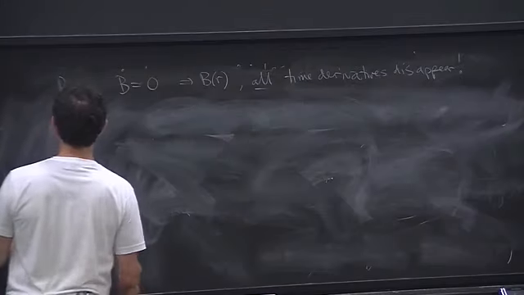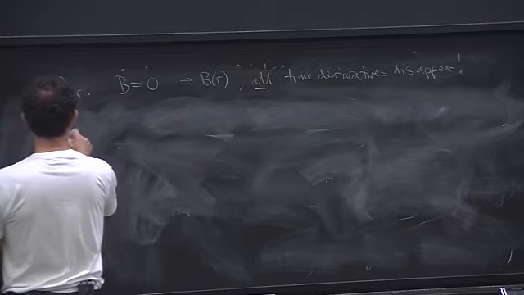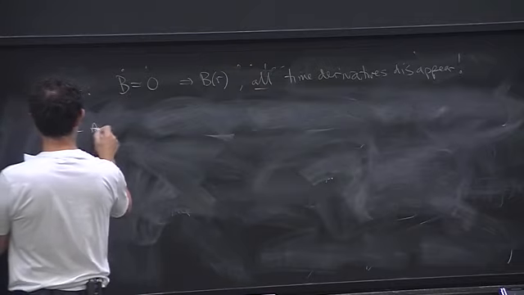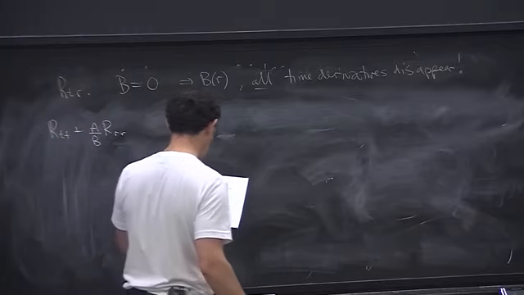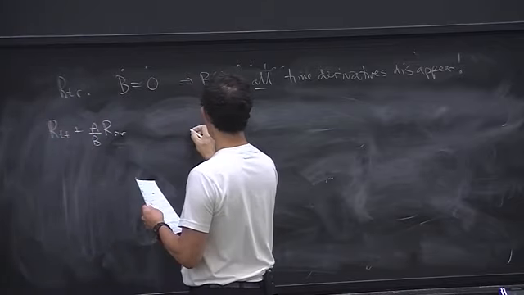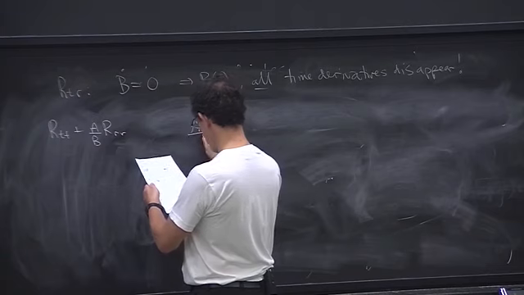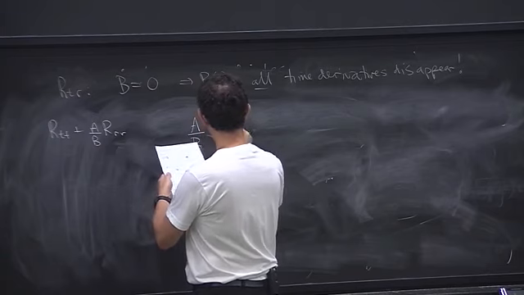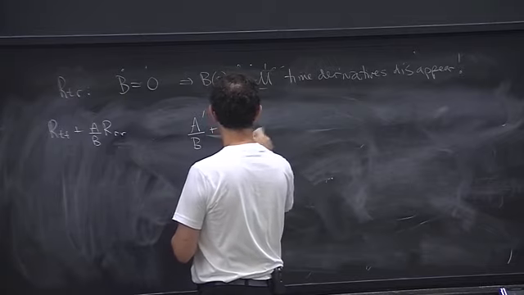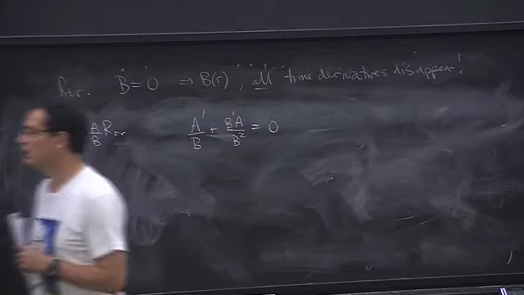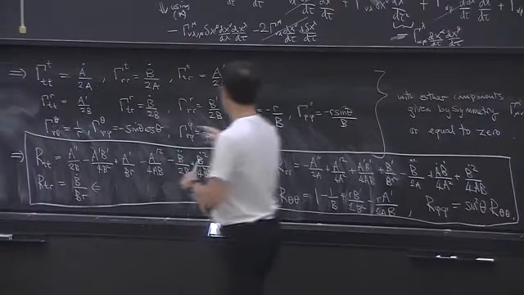I take R_tt plus A over B R_rr. And what you find is that this is nothing but A prime over B plus B prime A over B squared equals 0.